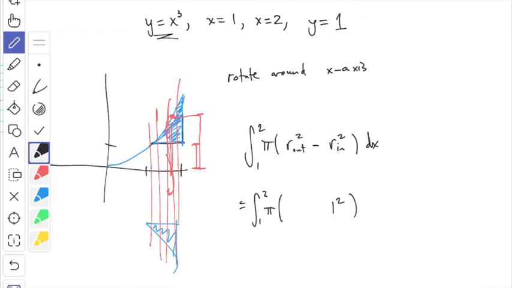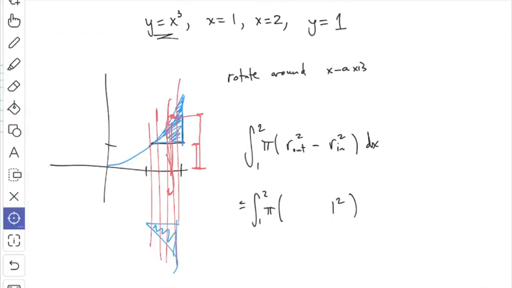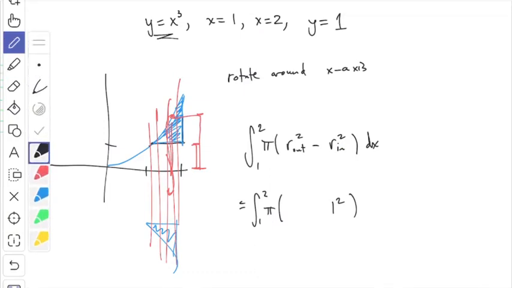In this case, you can just use it as is because the outer radius would be the distance all the way from the point down to the x-axis. That is just x cubed. You might wonder, what about the fact that there's a gap here? Well, that's why we have the inner radius as part of the formula, to deal with that gap. So the outer radius is just x cubed, and that has to be squared. All right, and that's how we do it.